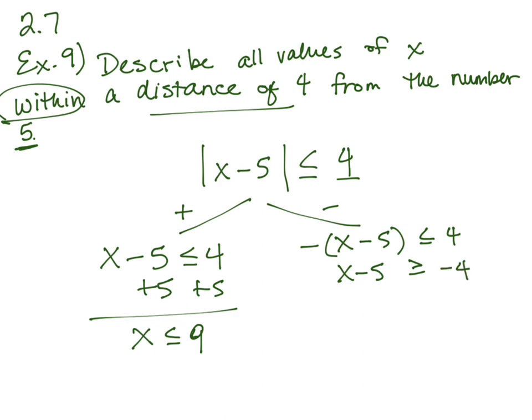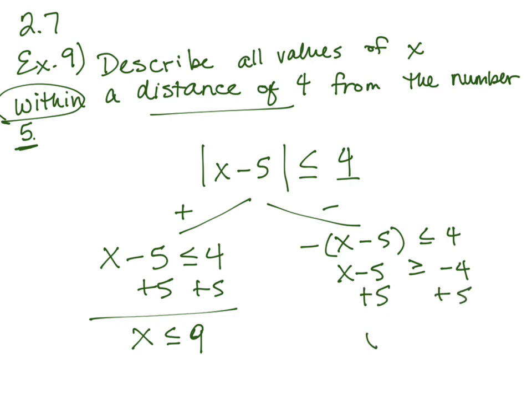Good. I don't just get to willy-nilly go make that 4 negative like we did before. Because it's an absolute value, I have to consider the negative, right? But because it's an inequality, when I make the 4 negative, I've got to switch the symbol. Got to turn that dude around. So now we can carry on.